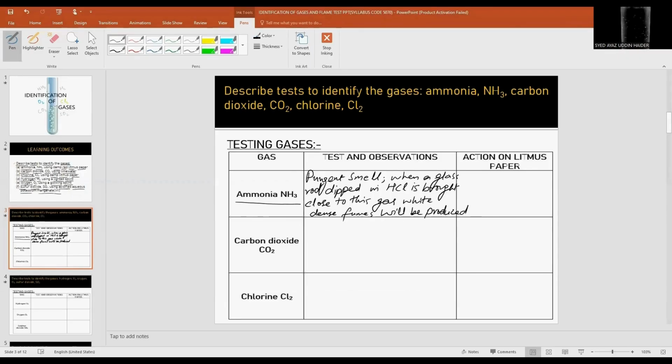Action on litmus paper: it turns moist, damp red litmus to blue because the gas is basic or alkaline in water. It produces OH negative ion in water.